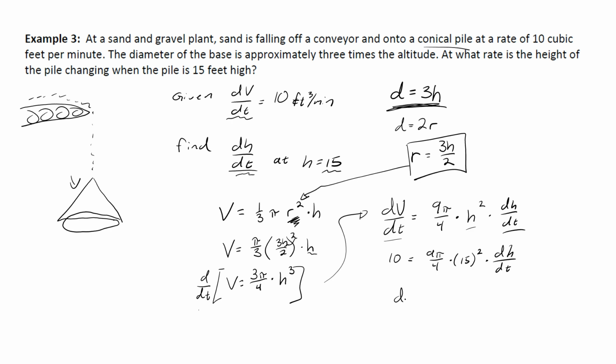Solve for dh/dt. I see dh/dt is equal to 40 divided by 9 pi times 15 squared. With this, we're going to throw this into a calculator to get a decimal approximation. So 40 divided by 9 pi times 15 squared.